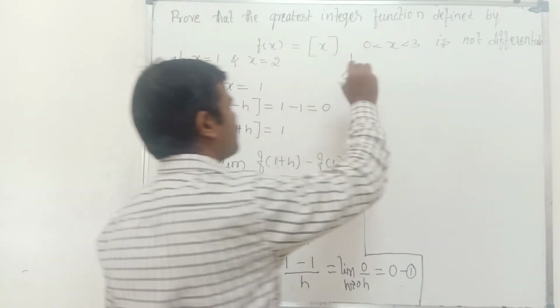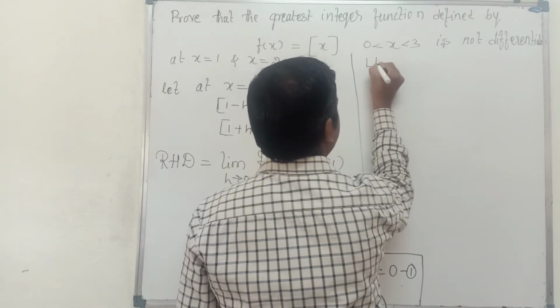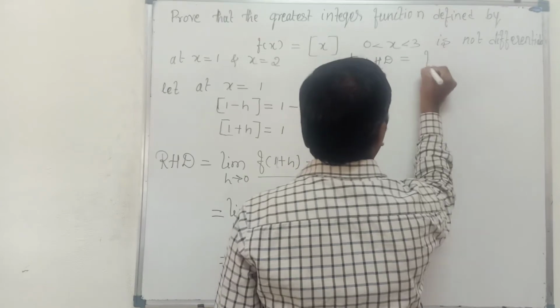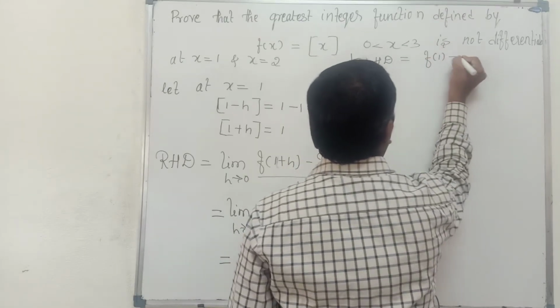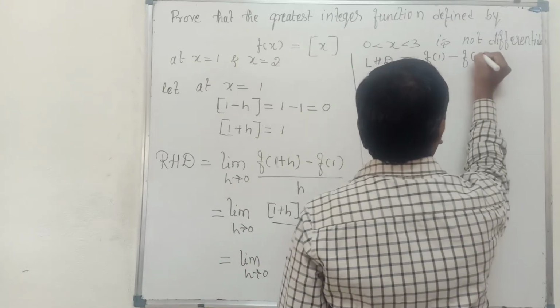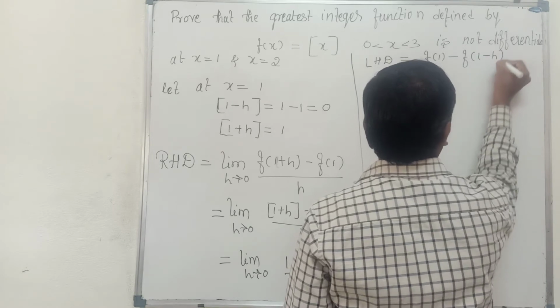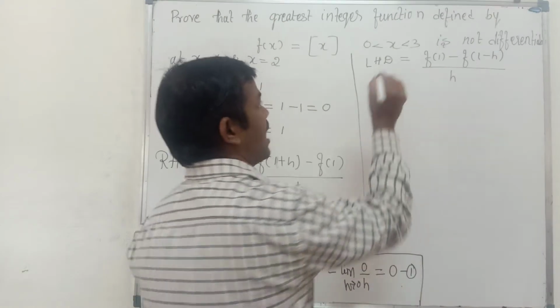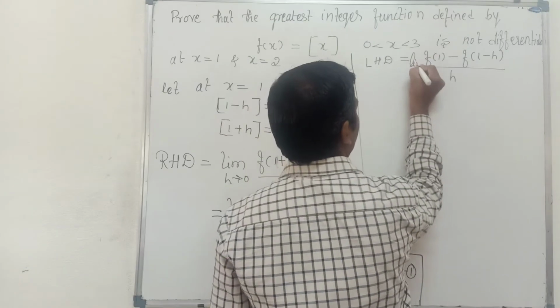Now come, the left hand derivative, LHD. How do we define the left hand derivative? f of 1 minus h, divided by h, as the limit h tends to 0.